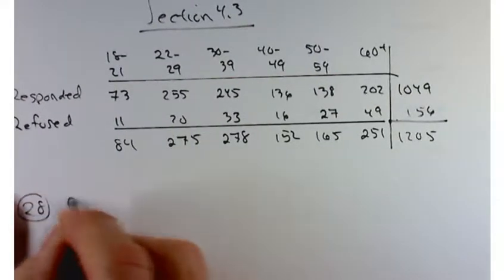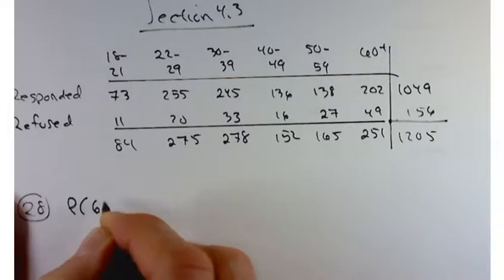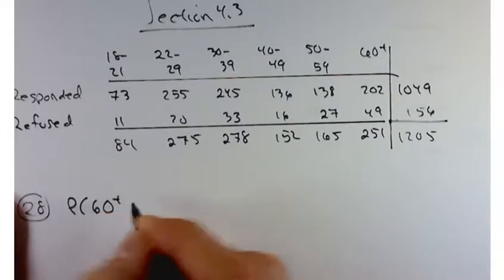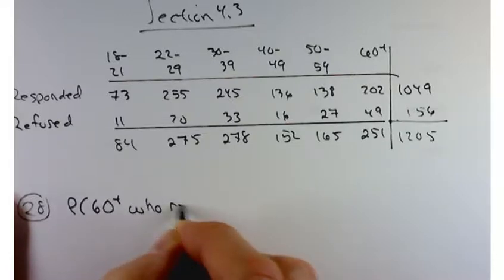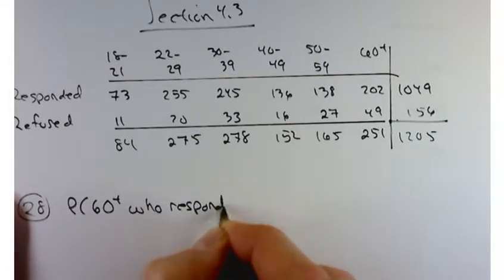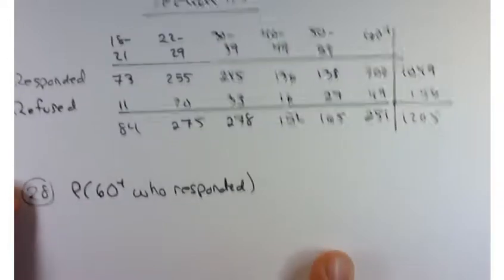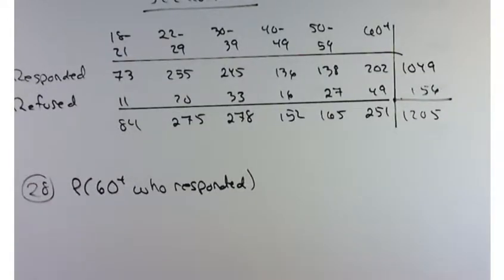I'll write that as probability of 60 plus who responded. So probability of somebody who's 60 plus and responded, that kind of limits your data set. We're no longer talking about the entire data set.